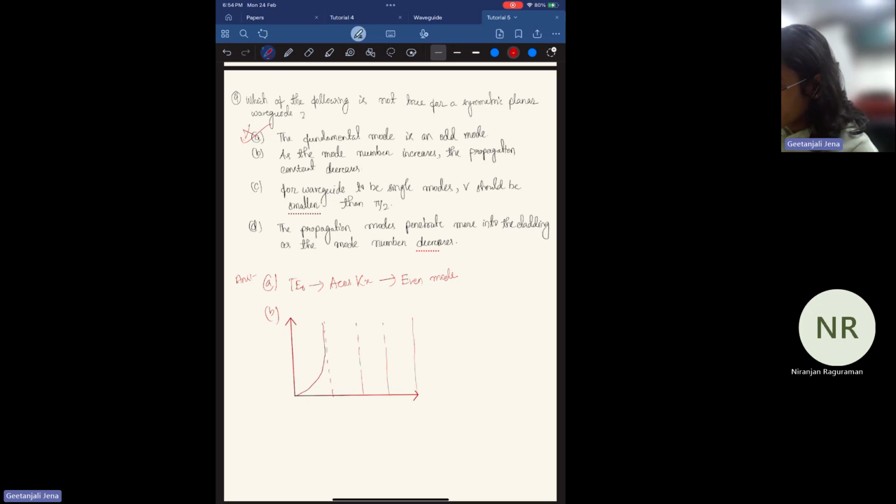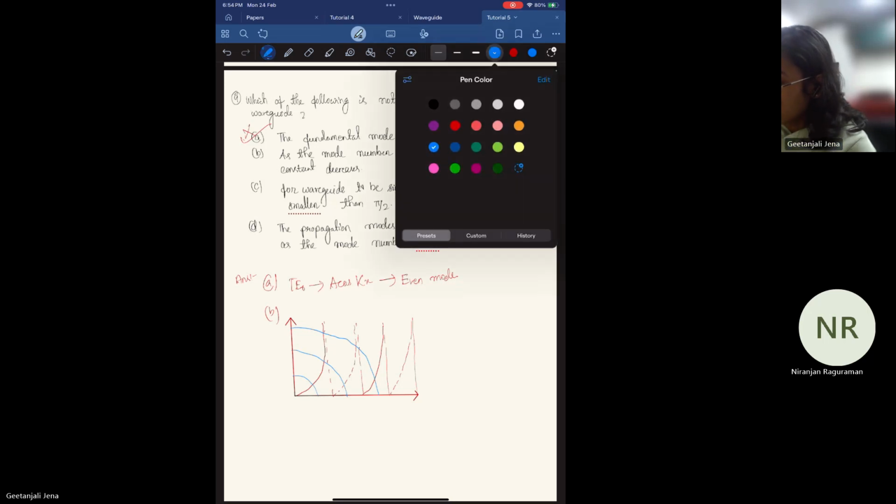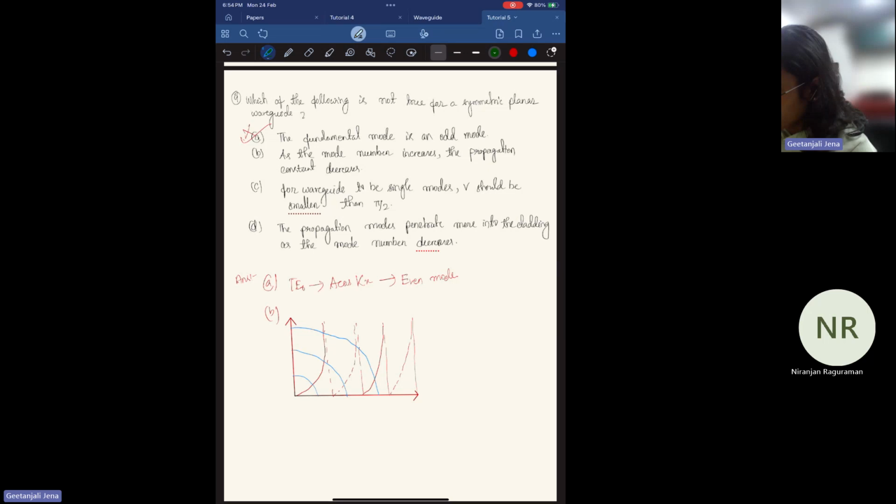So we have even, odd, even, odd. And when the V parameter increases, the number of modes supported by the structure will increase. Now, if you look at the point here and the point here, this is T0, and this one is for T1.